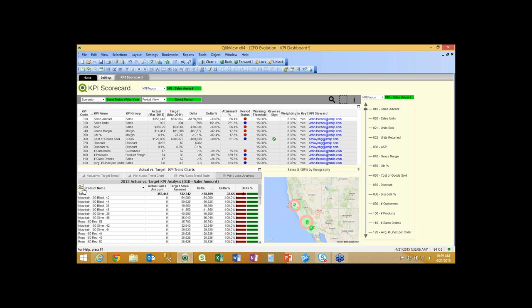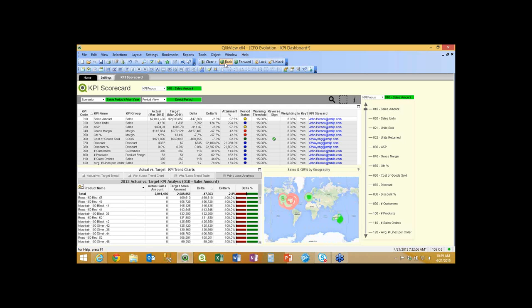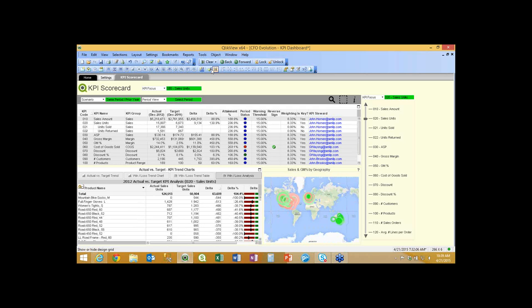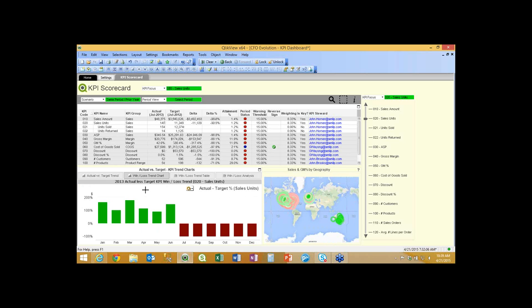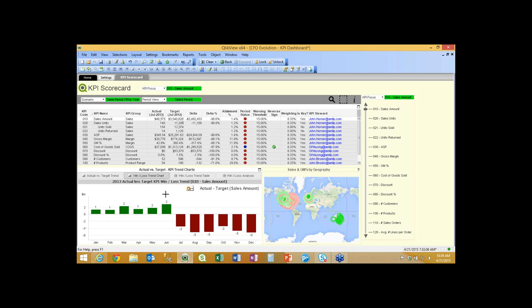Okay, so hopefully that gives you a flavor of how this can be used. I do want to walk back through a little bit here and get back to the point where we were looking at the United States, for instance. So I'm going to walk through this again, but do a slightly different analysis. I'm going to look at sales amount again.